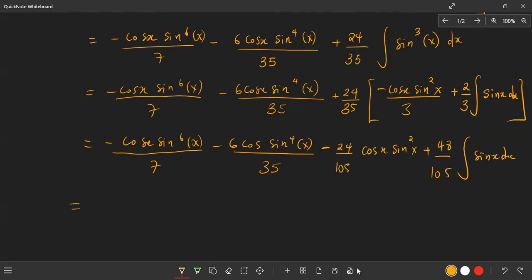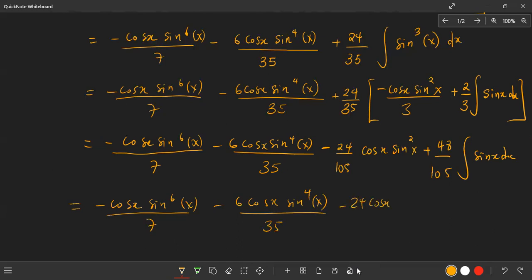So what we have here: negative cos x sine to the power 6 x over 7, minus 6 cos x sine to the power 4 x over 5, and then minus 24 cos x sine squared x over 105, and then for this part we end up with negative cos, so minus 48 over 105 cos x, plus the constant of integration. So this is the integral of sine 7x dx.